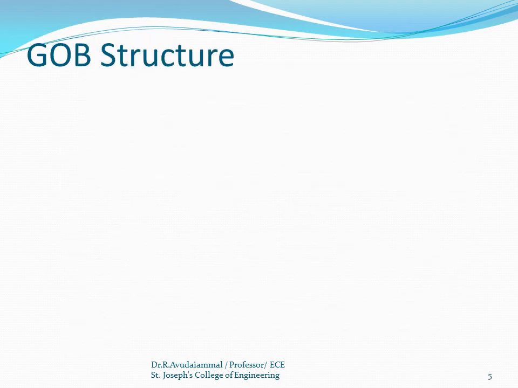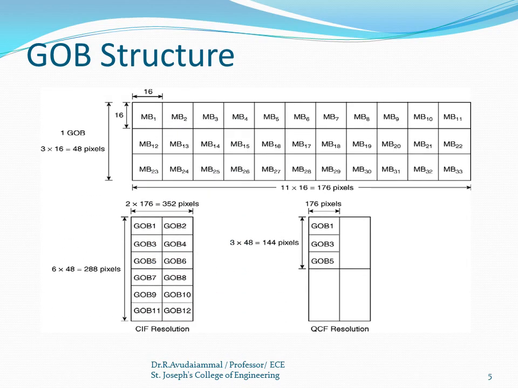The data structure to store the information is referred to as a GOB, group of blocks. Here, MB refers to macro blocks. The GOB structure of H.261 is organized as 3 rows and 11 columns.